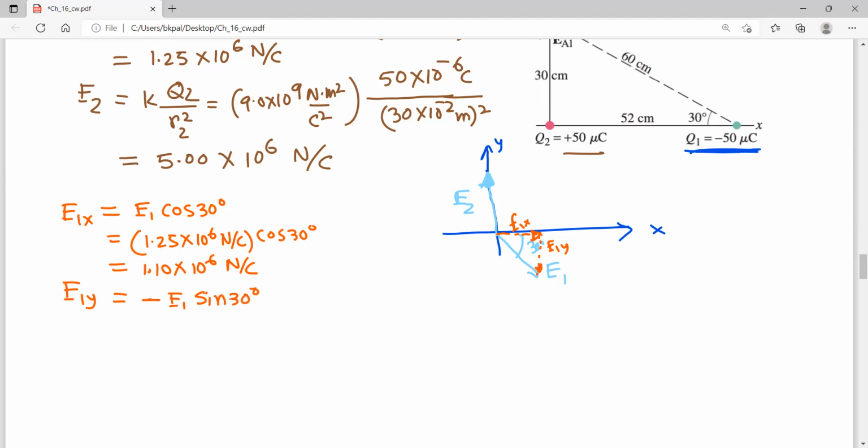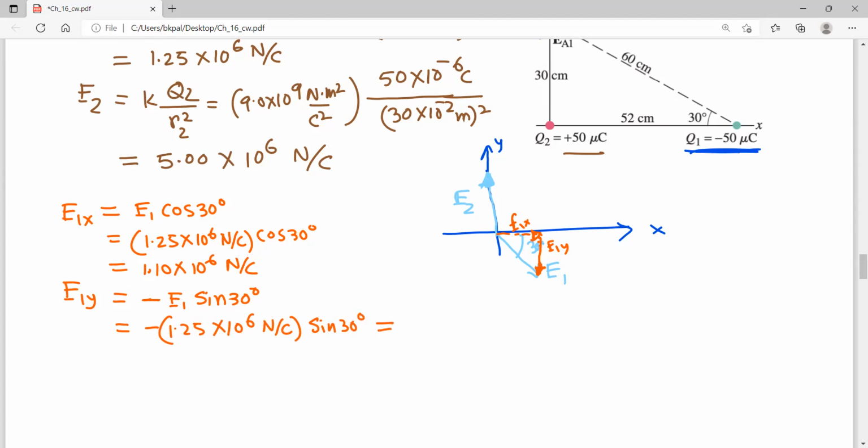It should have a negative sign because the direction of E1y is downward, which in our convention is negative.